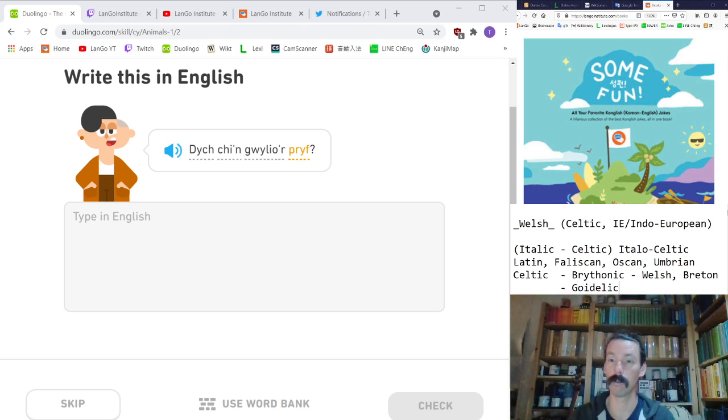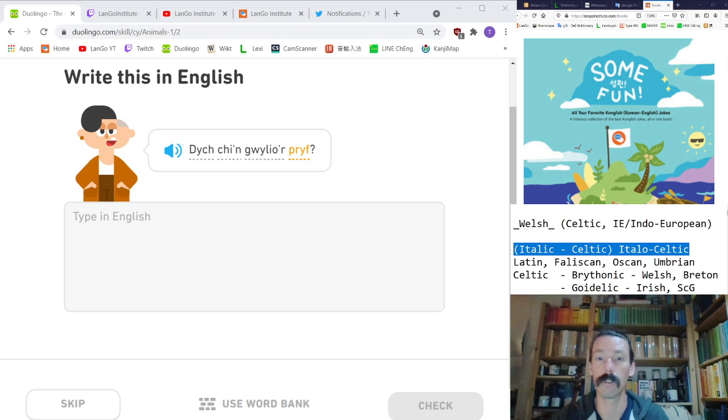And that embraces Irish and Scottish Gaelic. So, other Indo-European branches are cousins of this node.